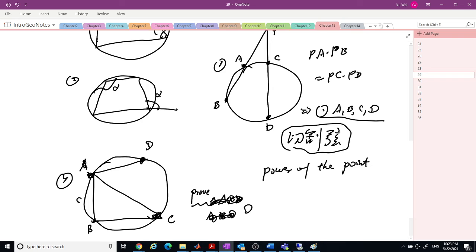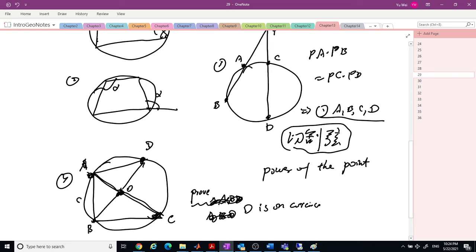Sorry, prove D is on the circumcircle. Okay.